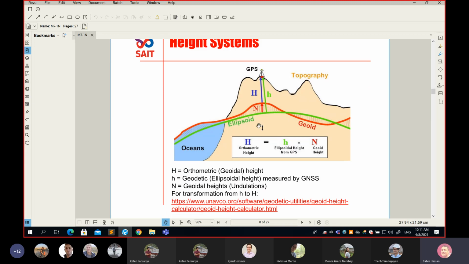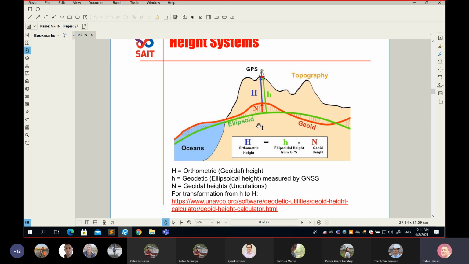And what I want you to remember from this class is that the conversion between orthometric height and ellipsoidal height is possible, because after we find our ellipsoid, we know the difference between the ellipsoid and the geoid. That's why we're able to convert our geodetic height to our orthometric height.